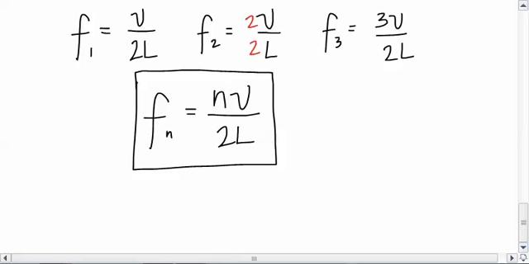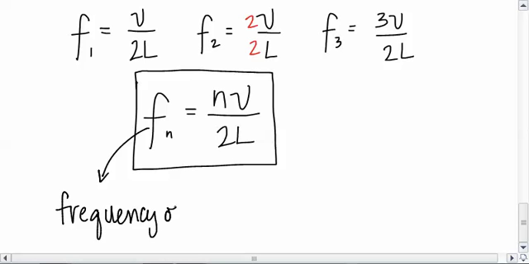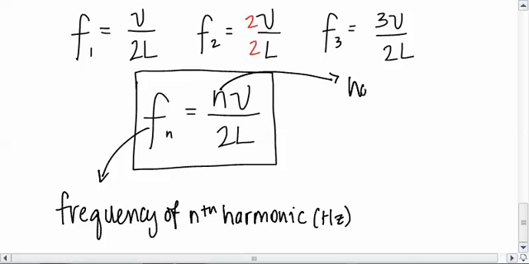Okay, so let's define this. This is the frequency of the nth harmonic, and it would be measured in hertz. This is the harmonic number.